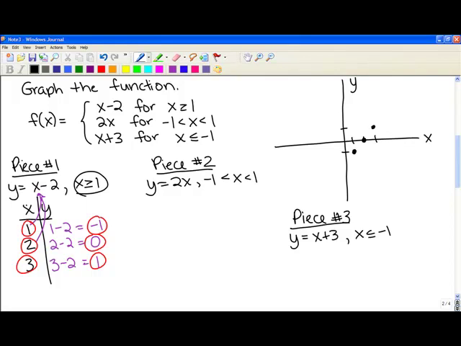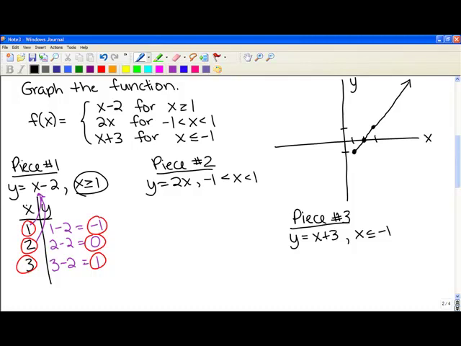Then what I'll do is connect these points, and that'll give me the first piece. Now notice that x is greater than or equal to 1. That means that this will keep on going forever. So that's what that piece looks like.